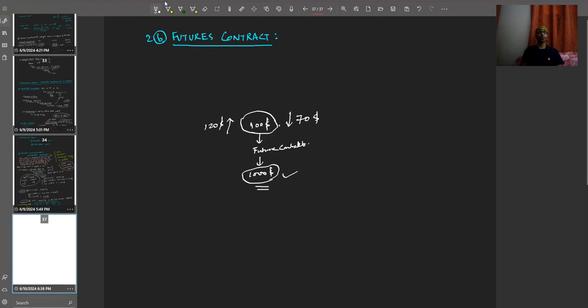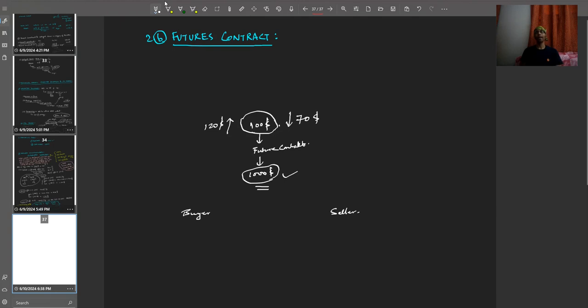Now, what will they do? The long person, the long entity buys this contract. So, in this side is the buyer. And the short entity sells this contract. Here is the seller. Now, neither the buyer nor the seller need to exchange $1,000 to enter into this contract.